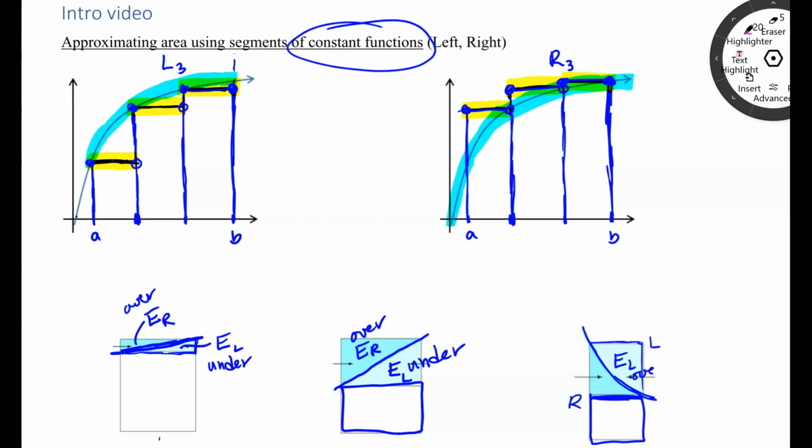So that's the amount by which we overestimated. And then the darker color, that's the stuff that our right-hand rectangle did not catch, but our curve did. So that's the underestimate.